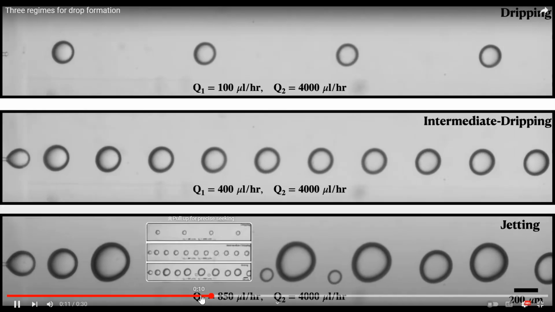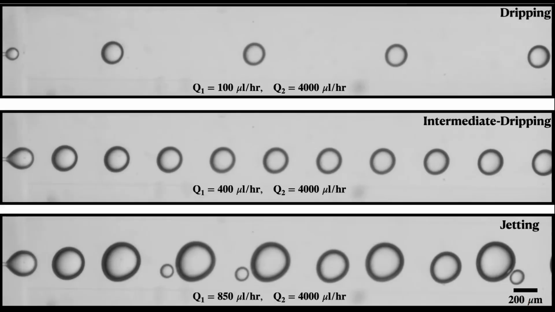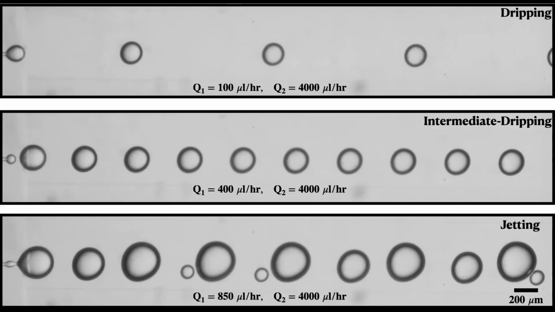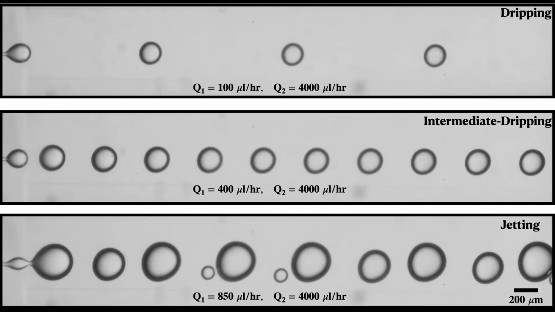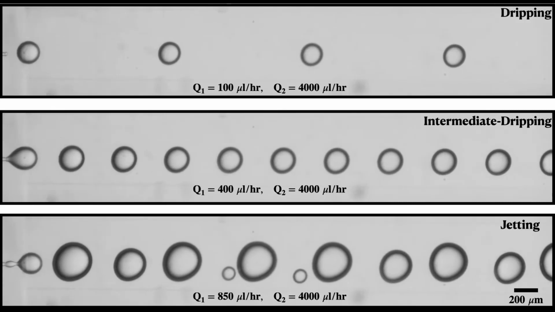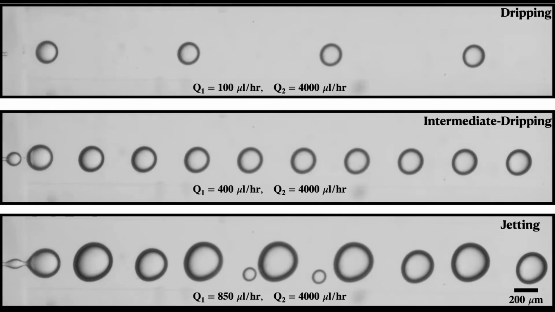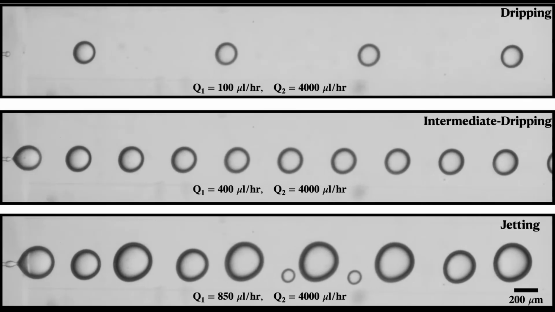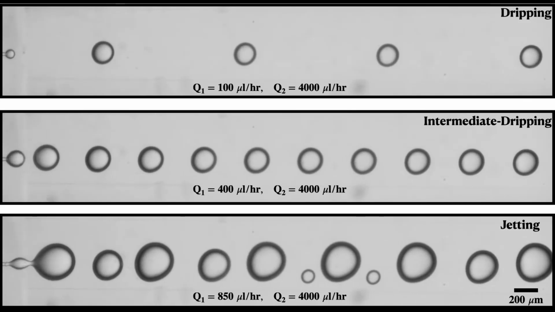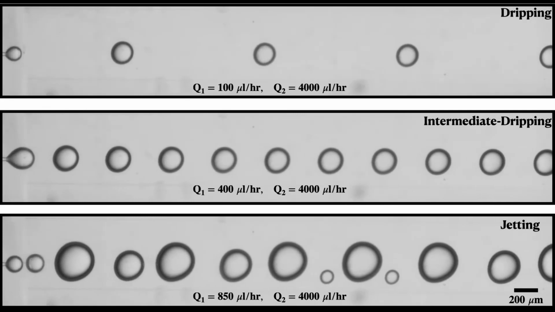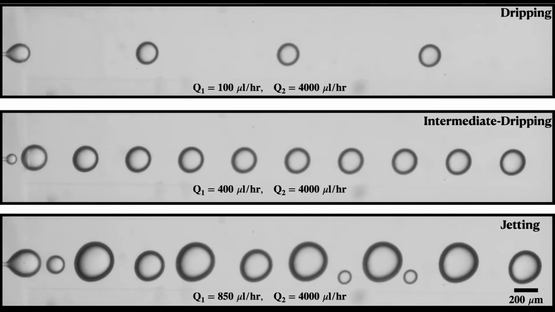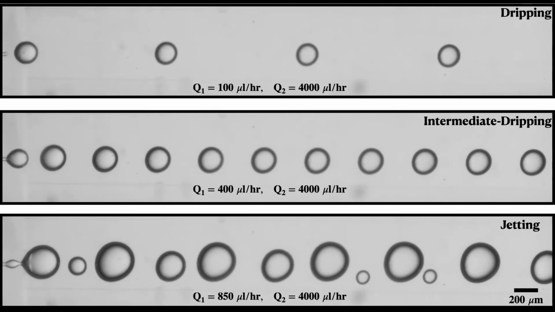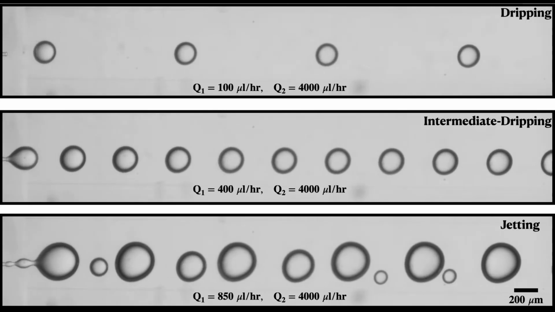If you see it thoroughly, this is high speed. First of all, this has been taken in high speed, and through the reference you can go to the actual literature for the same, but you see this dripping, intermediate dripping, and jetting, how this is happening.